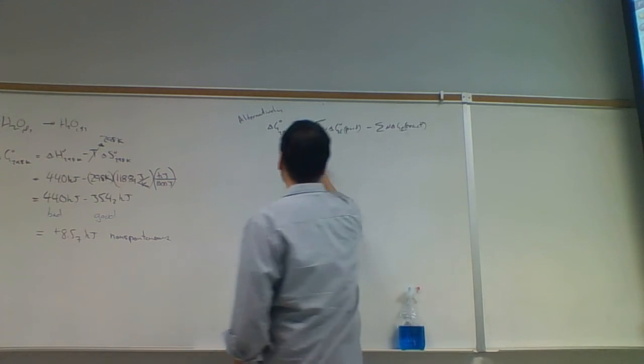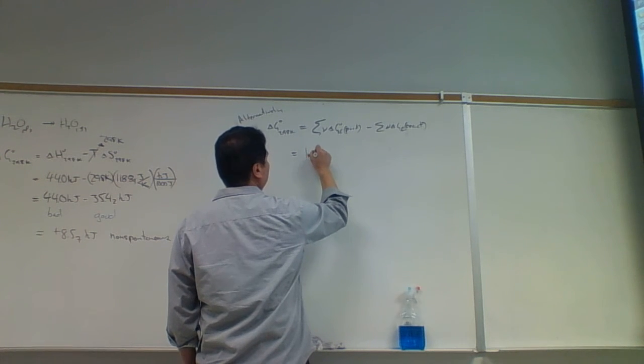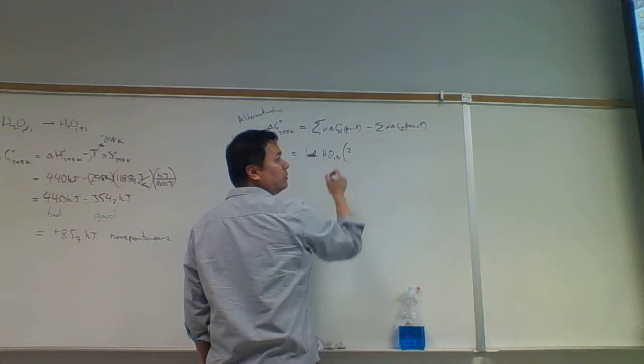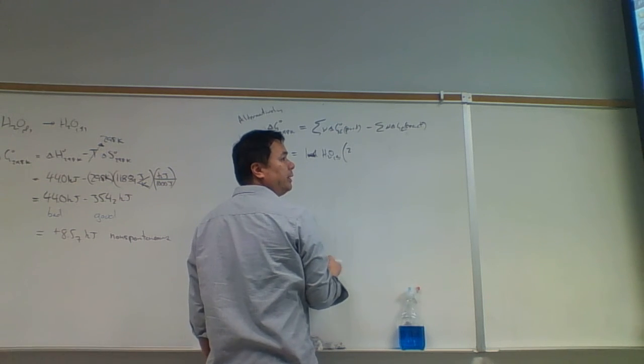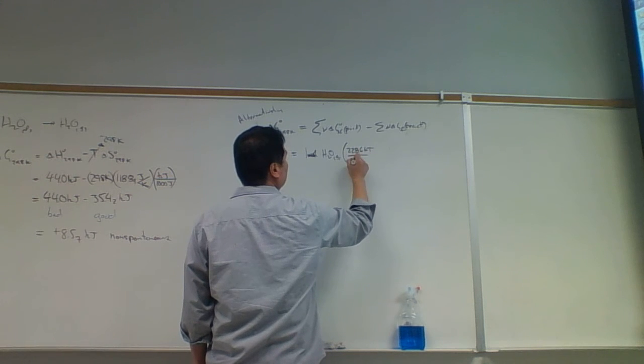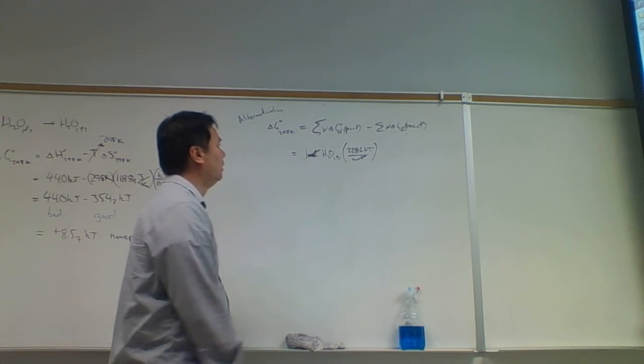And so what we have here is 1 mole of H2O gas, and it's minus 228.6 kilojoules per mole. So moles cancel, it just gives us kilojoules here.